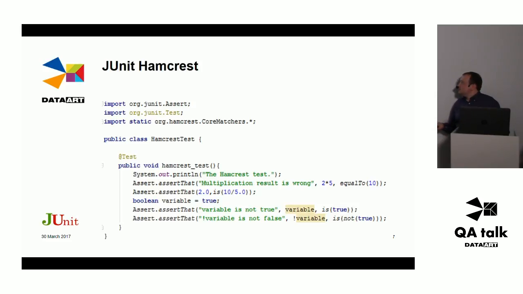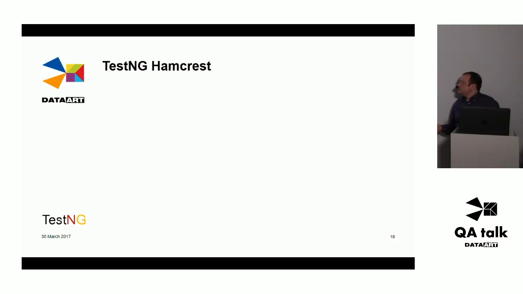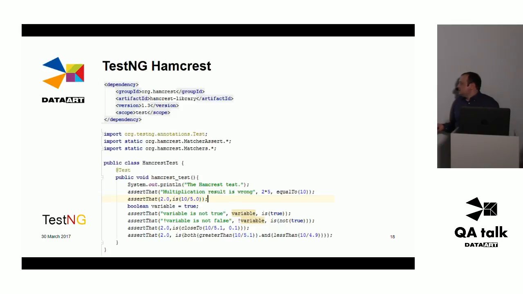Okay, to use Hamcrest with TestNG, it is just to include this dependency, and then you can have the same possibilities, but here the number of functions is more extended, because in JUnit 4, for example, it was cut.